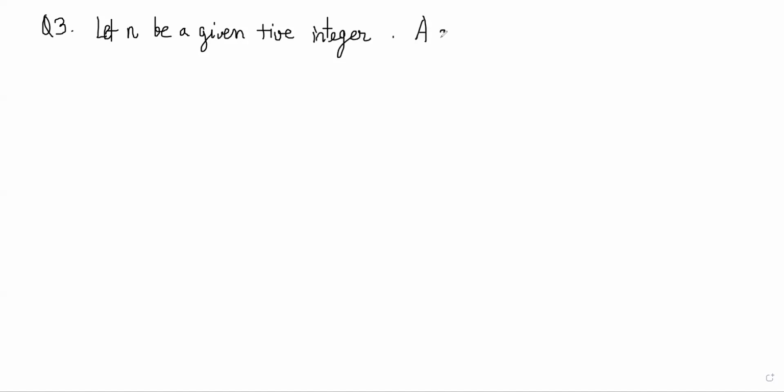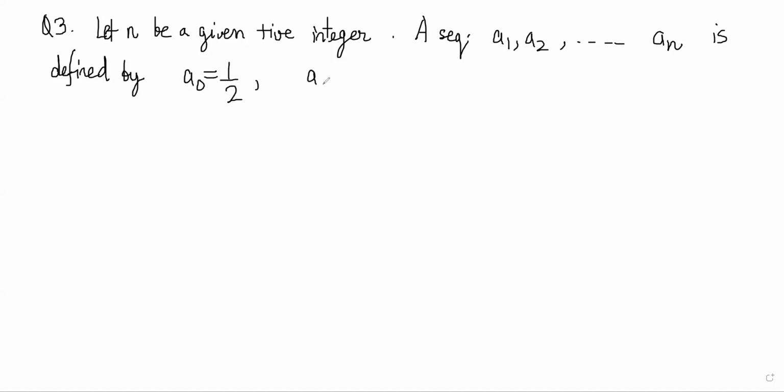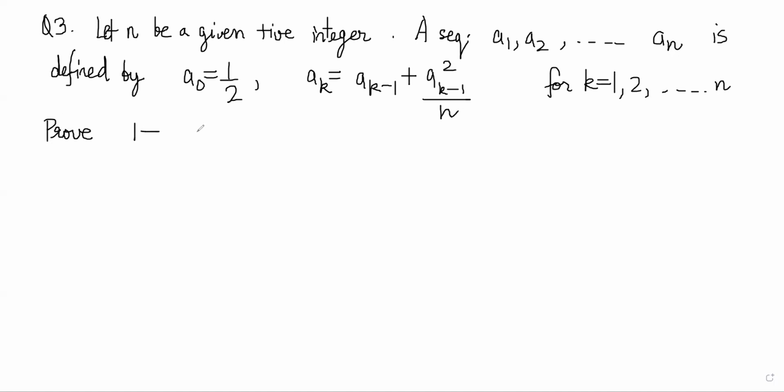A sequence a1, a2 till an is defined by a0 is half and ak is equal to ak minus 1 plus ak minus 1 squared by n, for k going from 1 to n. We have to prove 1 minus 1 by n is less than or equal to an is less than 1.